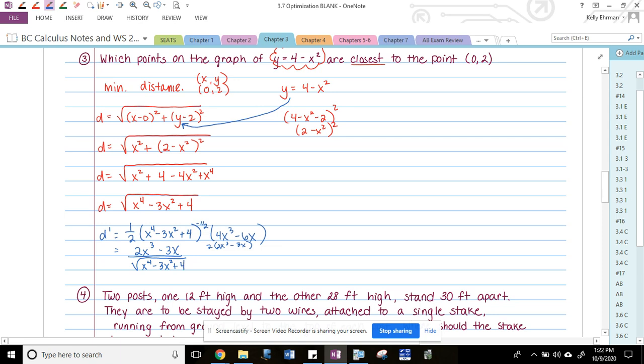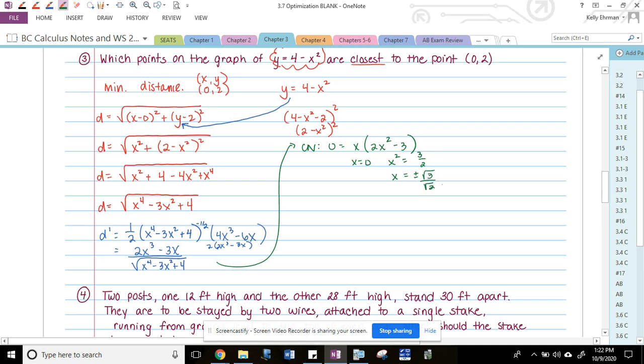All right, so I'm going to bring my critical numbers way up here. I can set the numerator equal to 0 and start factoring it as well. I can take an x out, and that gives me 2x squared minus 3. Okay, so we get x equals 0. We get x squared equals 3 over 2. x can be plus or minus square root of 3 over square root of 2.